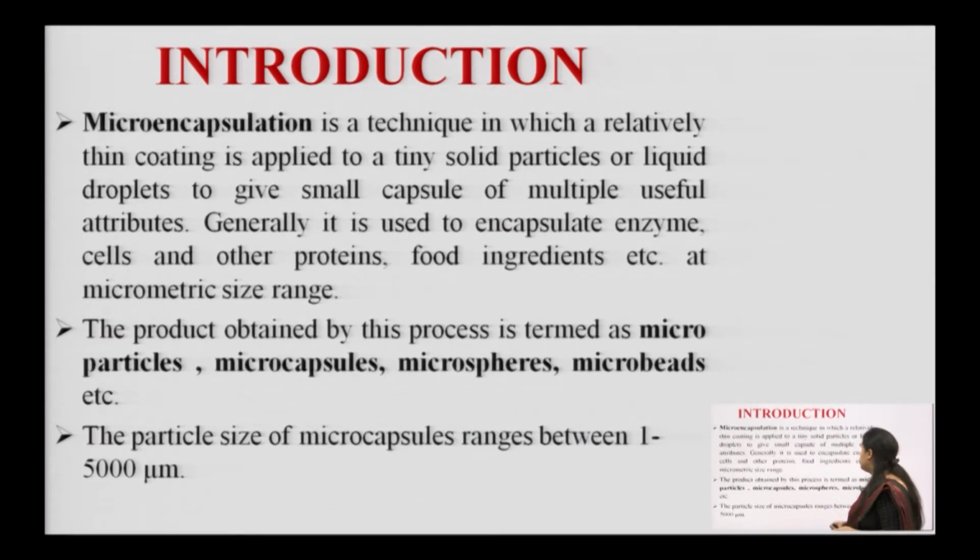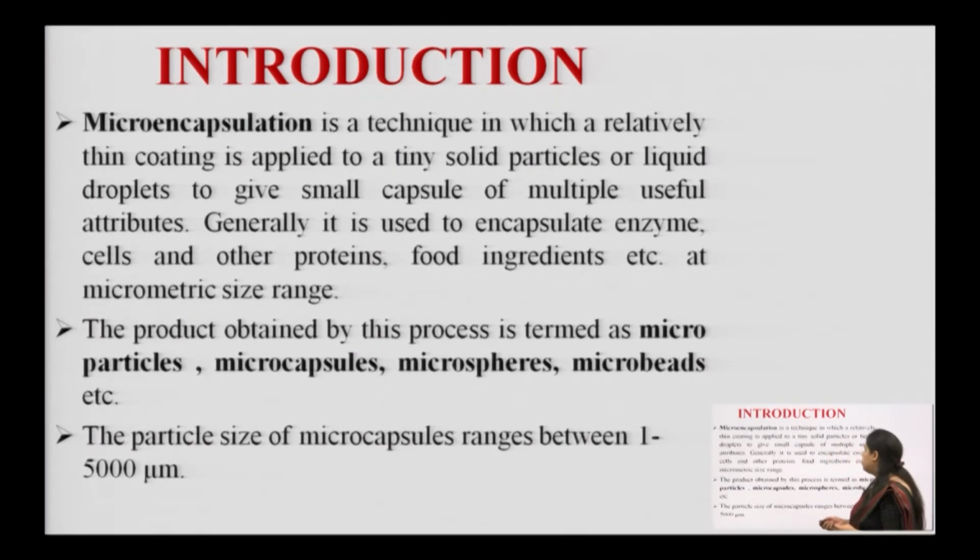Generally, it is used to encapsulate enzymes, cells and other proteins. Apart from pharmaceuticals, it is also utilized to encapsulate biological materials like cells, enzymes, proteins, peptides, macromolecules, and food ingredients at the micrometric level.